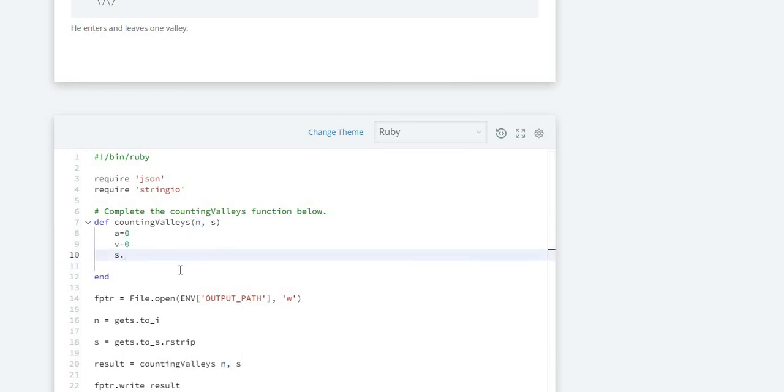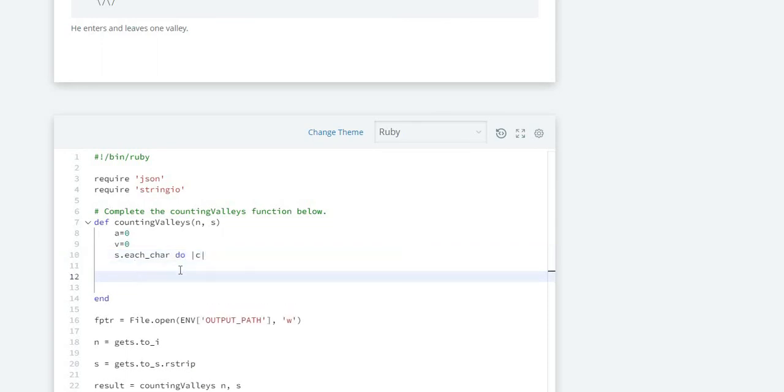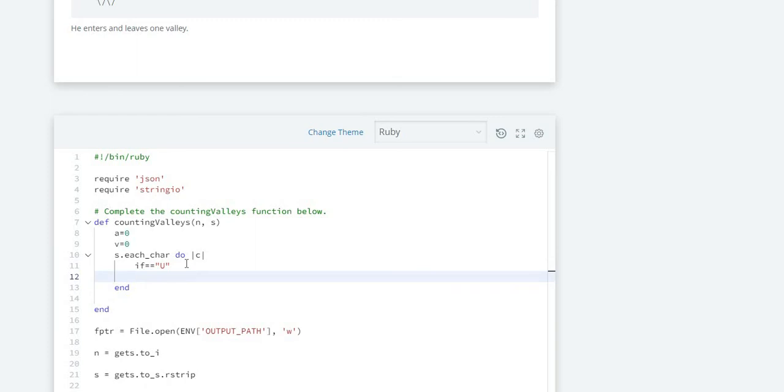We will use the built-in each_char method, and when we iterate the string, for each char we will check if this char is equal to U or not. And if it is U, this means that we go 1 unit up.